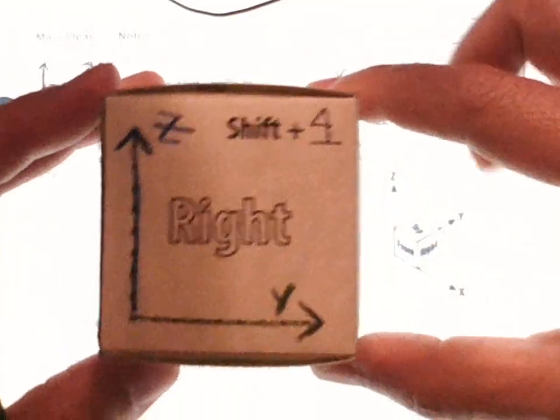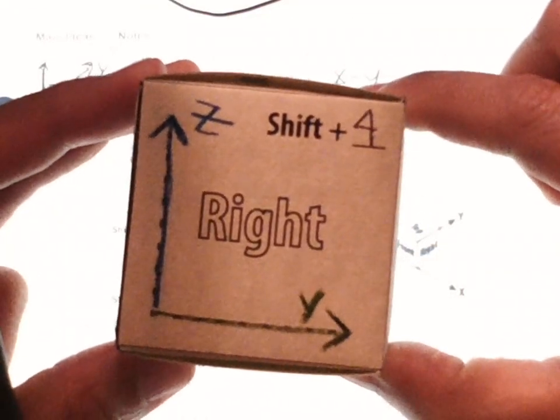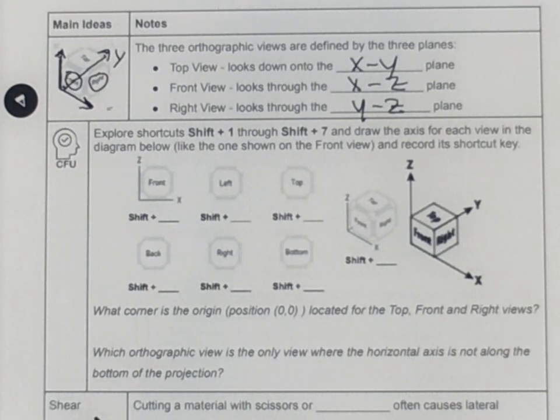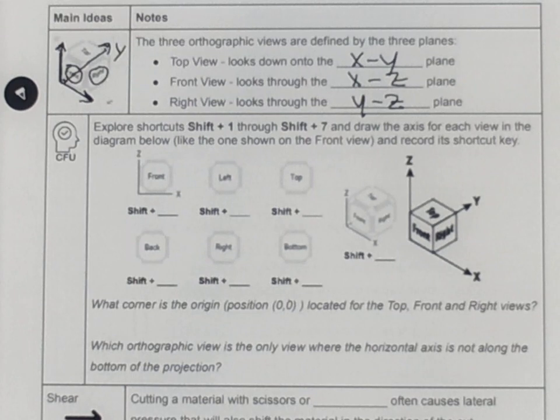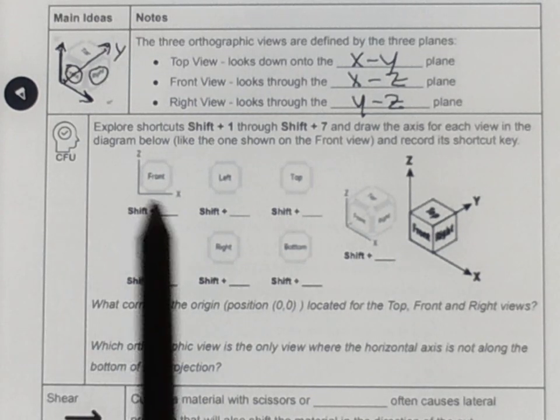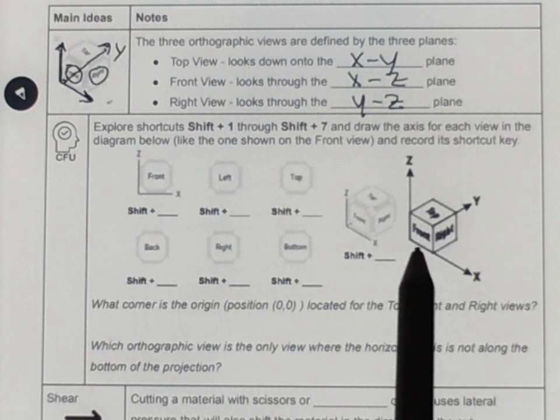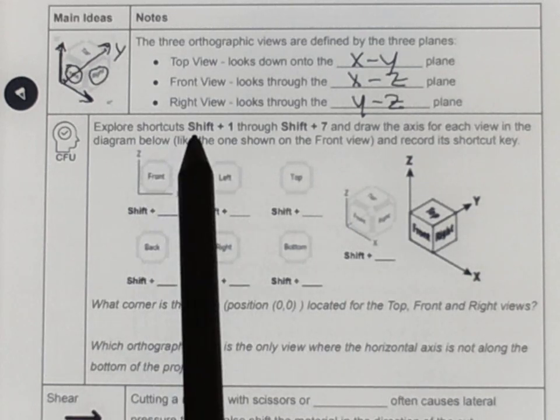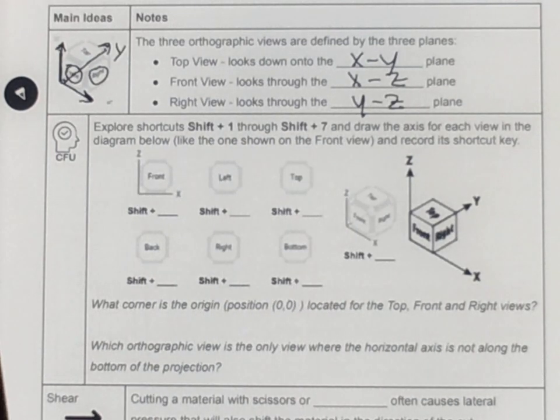Okay, and when I check on Onshape or I check my reference box, that's exactly what I see, my Y and my Z, or my right plane. Okay, so this is the time for us to stop and see if we can identify all of these planes. And you can either do it by looking at this picture, or you can go into Onshape and try all 7 of these shortcut keys.